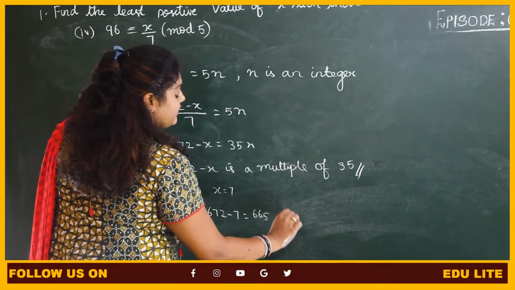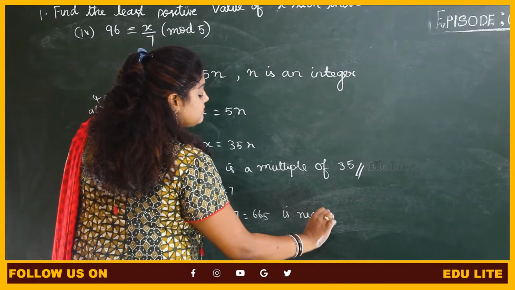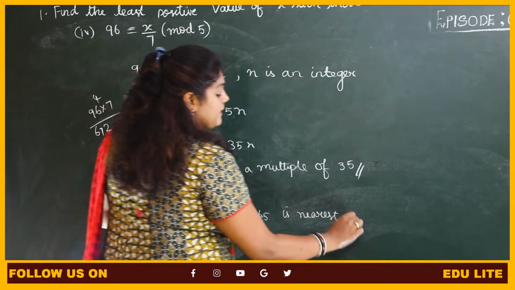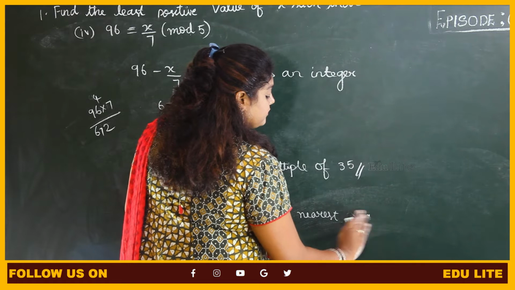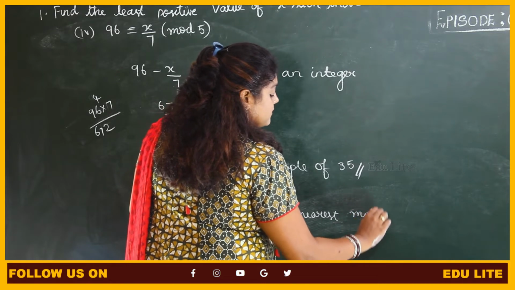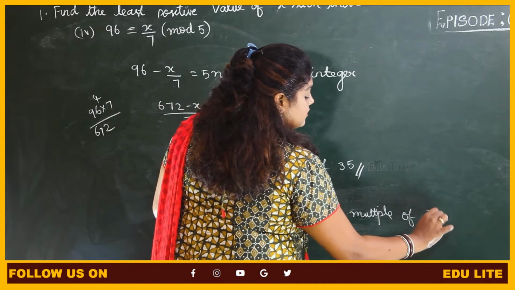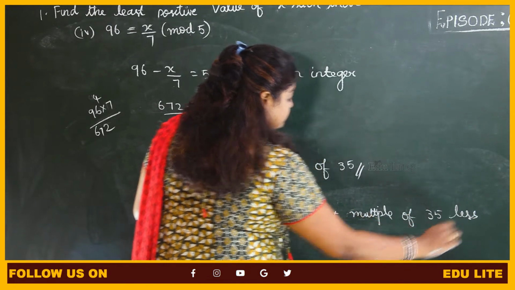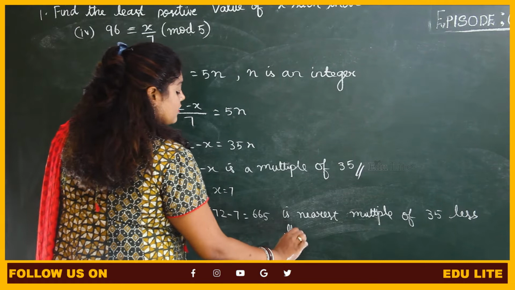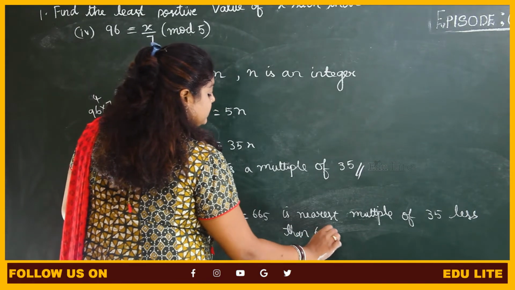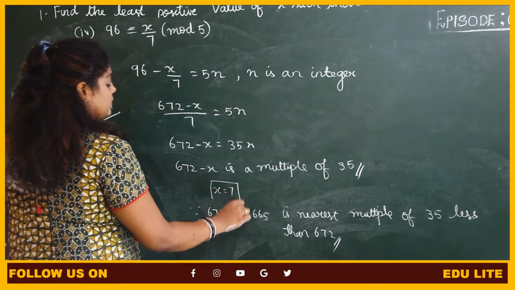So 665 is the nearest multiple of 35 less than 672. Therefore, x is equal to 7.